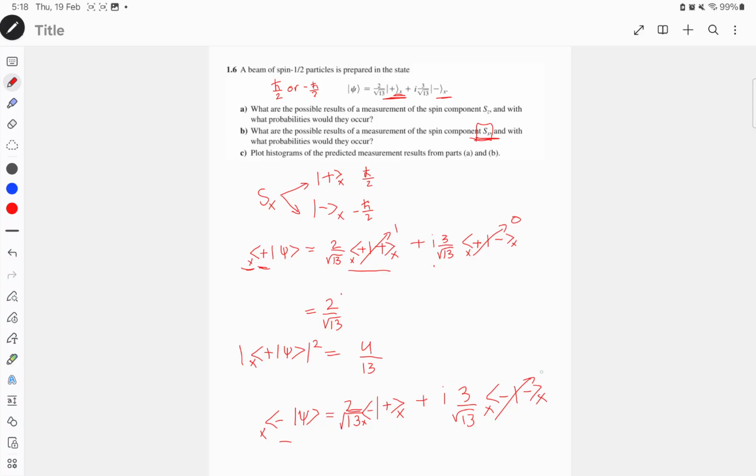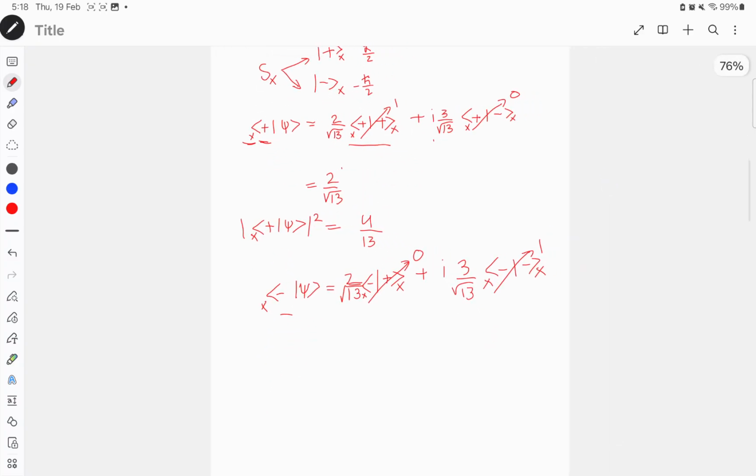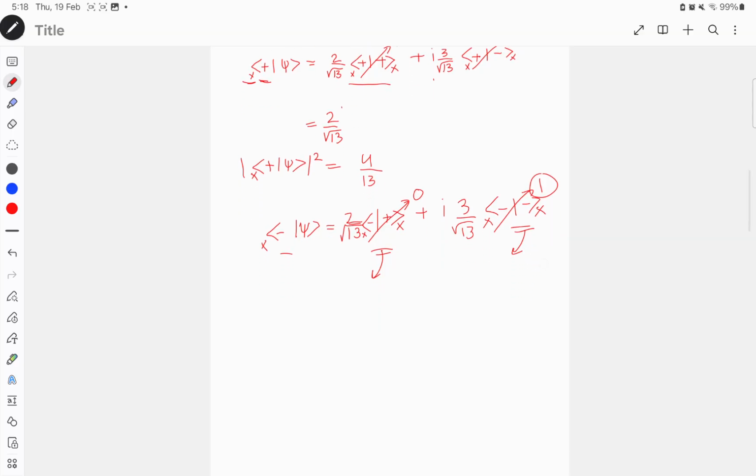This will give us 1, this will give us 0. Why will this give us 1? No, this one will give us 0 because it's orthogonal. This is the same, so it will give us 1. This is 0, this is, we'll get i3 over root 13. This is the inner product.